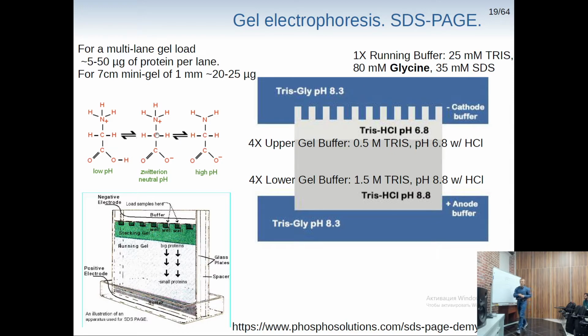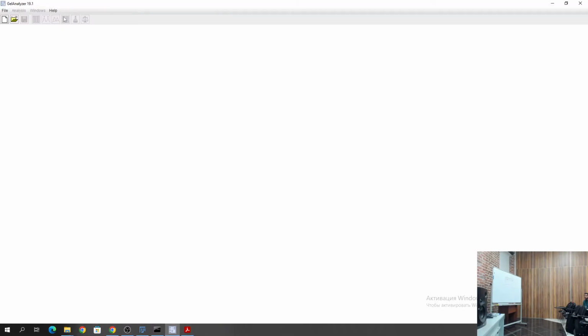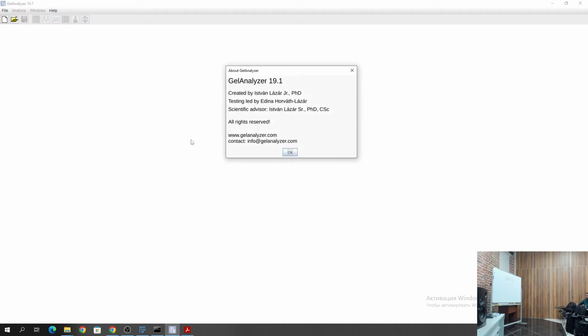So let's continue, and I want to show you a small program which is freely available. It's called GelAnalyzer. Of course, there are a lot of programs for analyzing your gels. Some of them are commercially available, unfortunately not available for us right now. This program is absolutely free to use, and we can actually use it to analyze gels.